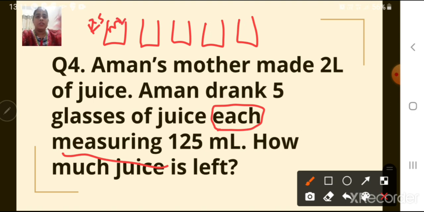So one glass is measuring 125 milliliter. We have to first find out the measurement of 5 glasses. How can we find out? By multiplication. We will multiply 125 ml into 5 because there are 5 glasses. So we will find out how much Aman drank. After that we have to find out how much juice is left. Left means we have to subtract. Aman's mother made 2 liters of juice, then how much Aman drank, that we have to subtract. Got it?